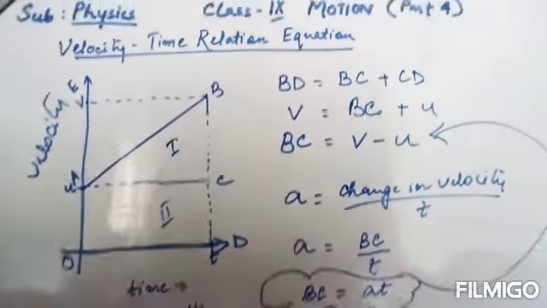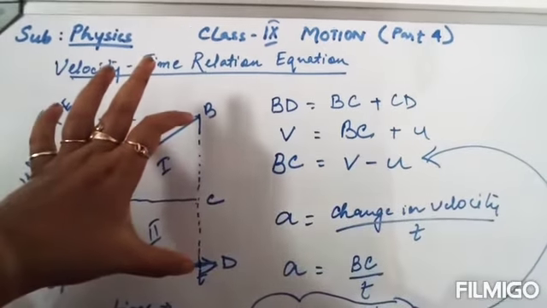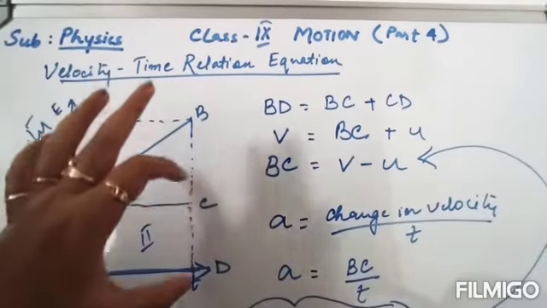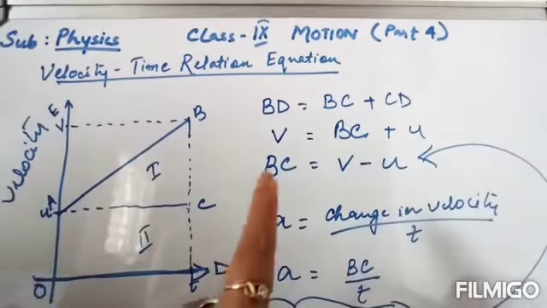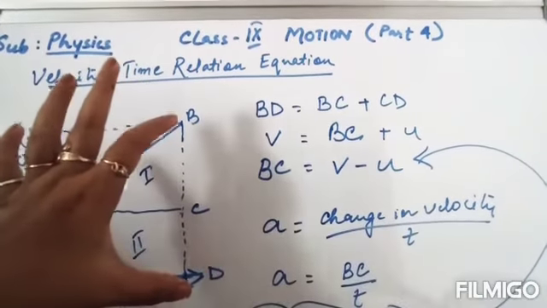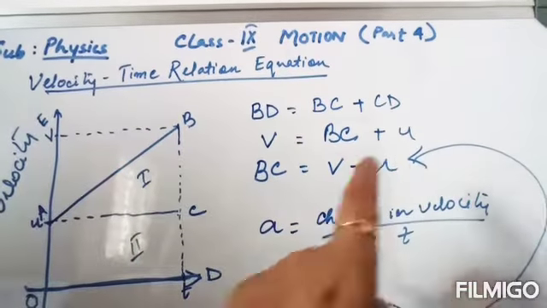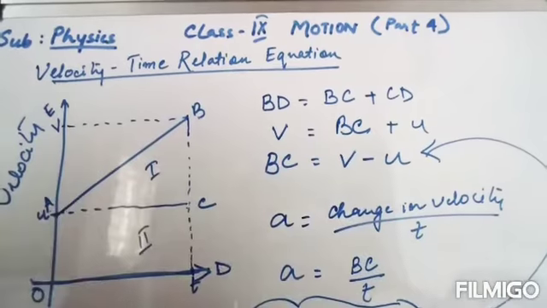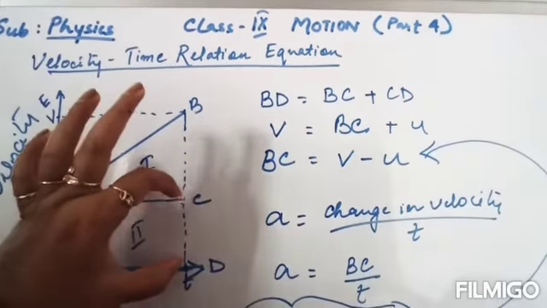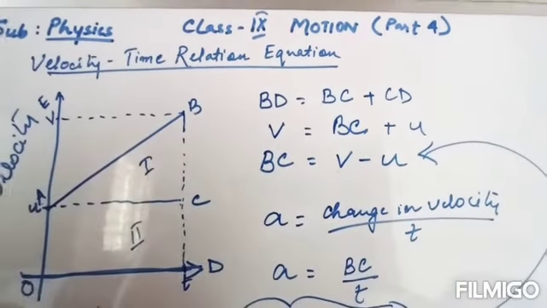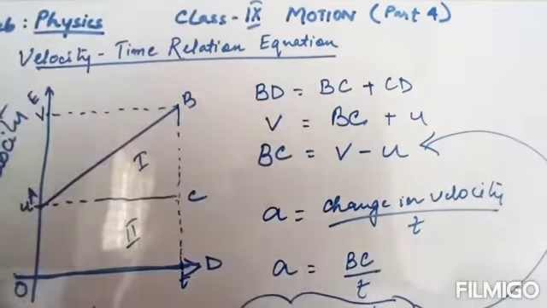From the whole line, this BD is BC plus CD, and BD is V. BC I am leaving as it is, and CD is this small portion, the unit covered, that is U. From there I can get BC is equal to V minus U, correct?